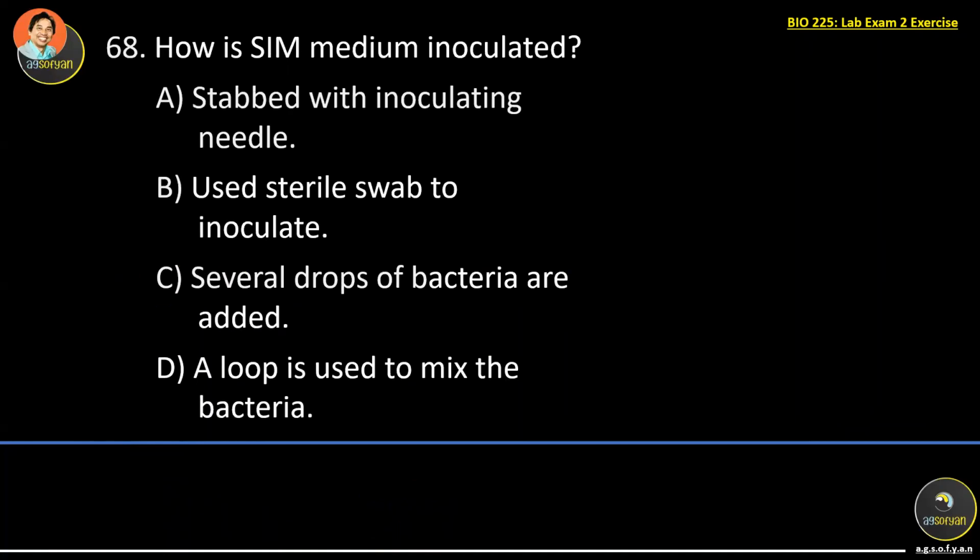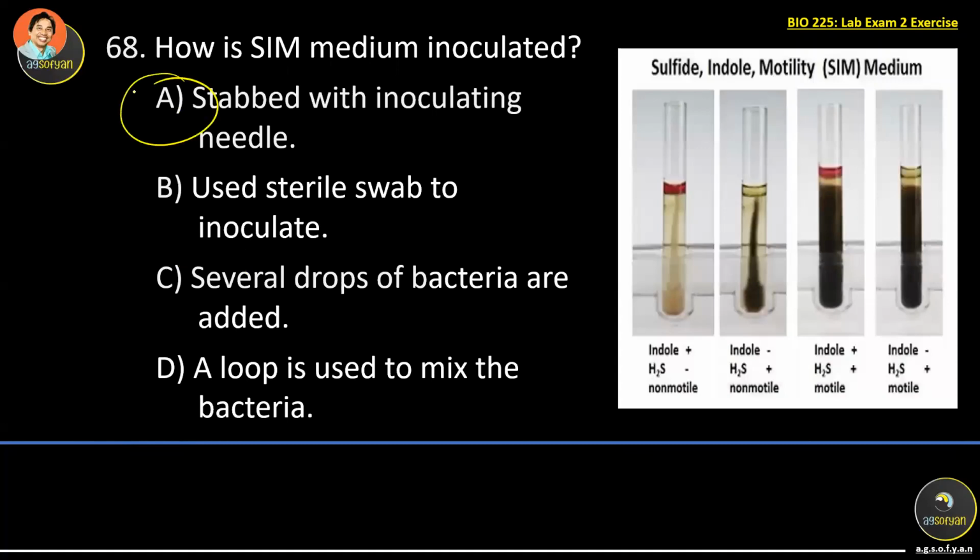How is the SIM medium inoculated? A, B, C, or D? So if you see, the result is actually the bacteria is stabbed. Okay? Stabbed with the inoculating needle. So you put the needle that has bacteria in this media, okay, in this agar media. And then this is actually where the bacteria are located.